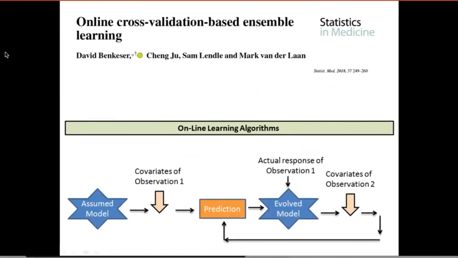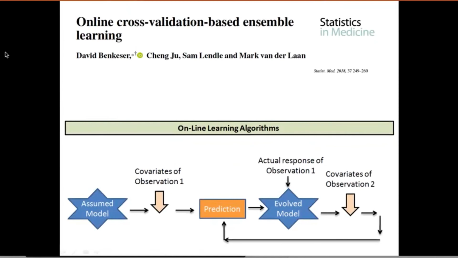The other orientation we're taking, based on the initial hypotension project, is to move towards more personalized prediction.